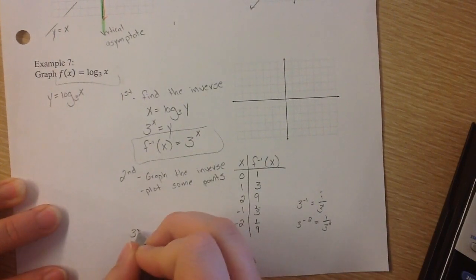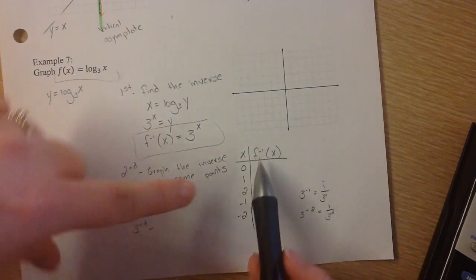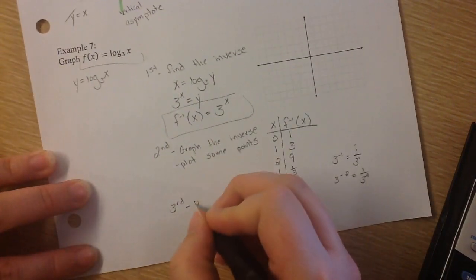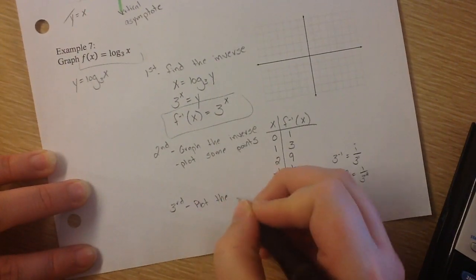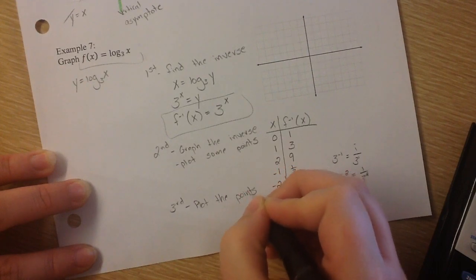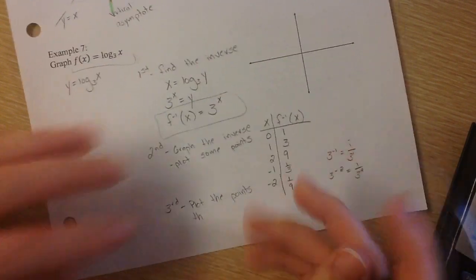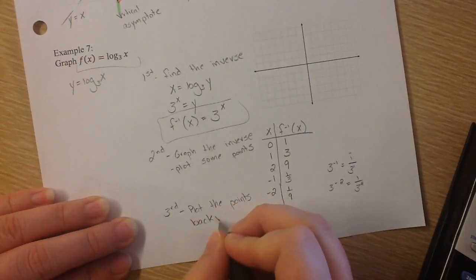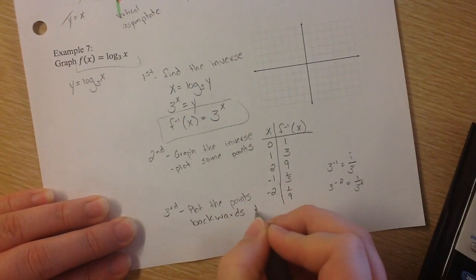So then my very last step, third, is again to flip-flop the x's and y's, basically plot the points backwards to graph the function.